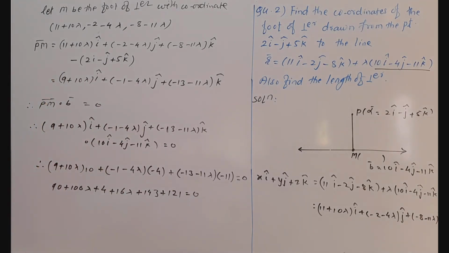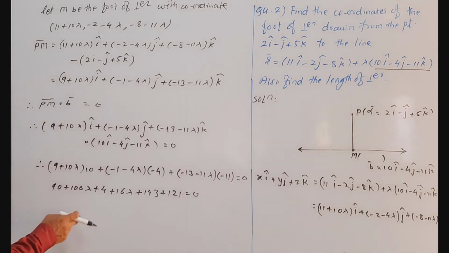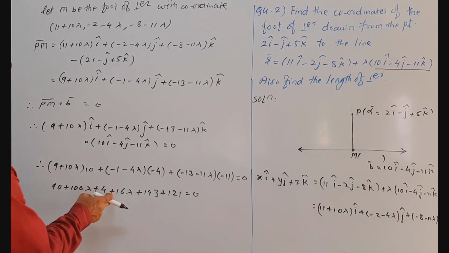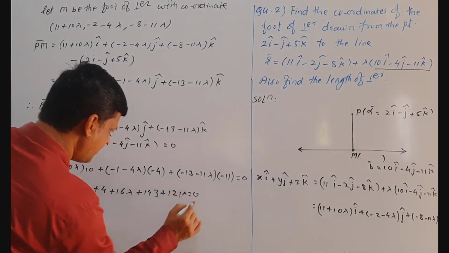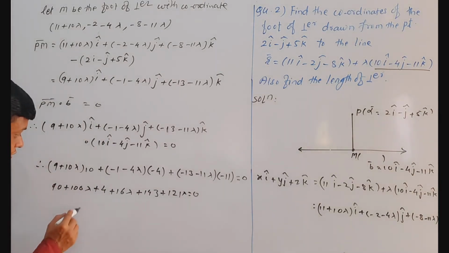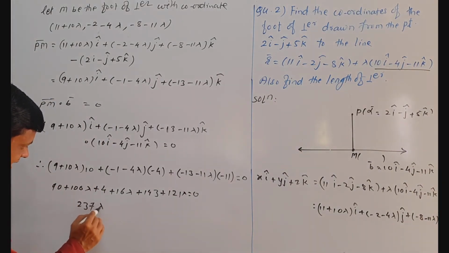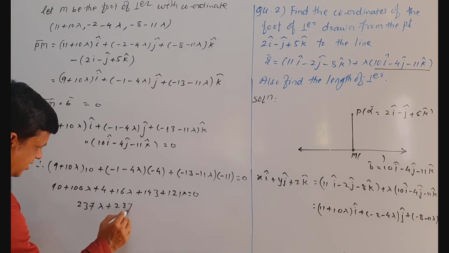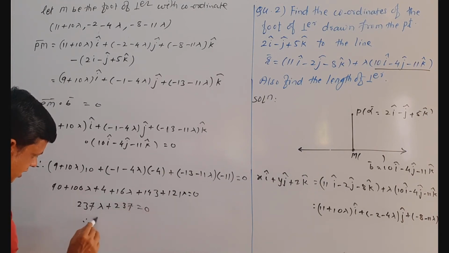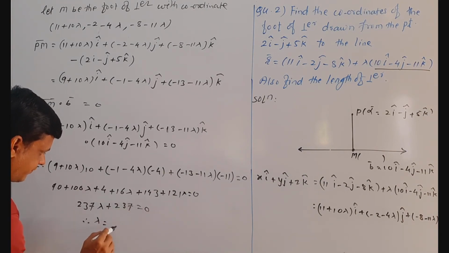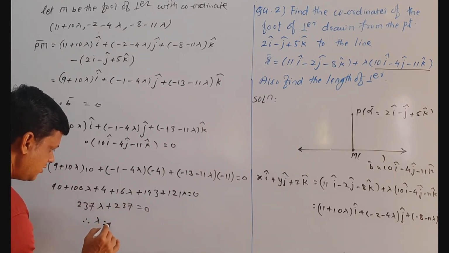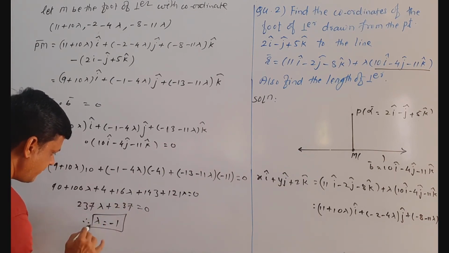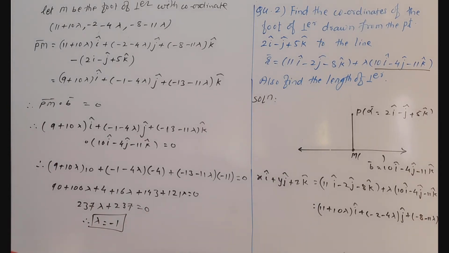So we add the lambda terms 100 plus 16 plus 121 lambda, so we get 237 lambda plus 237 is equal to 0. Therefore, transferring to the right-hand side, we get 237 lambda equals minus 237, so lambda equals minus 1.